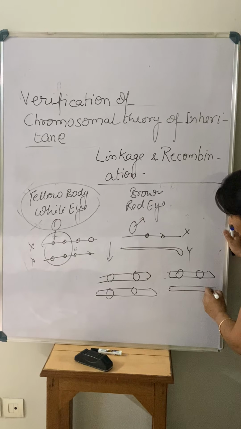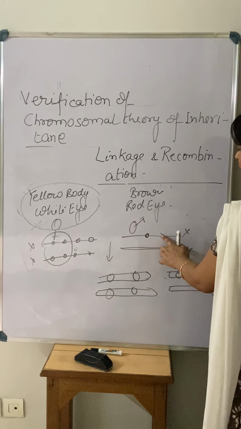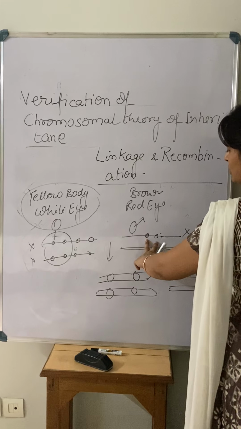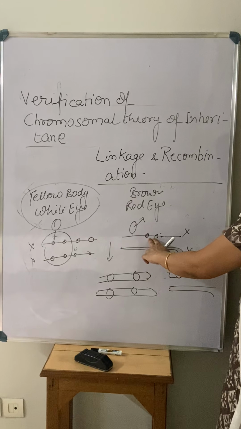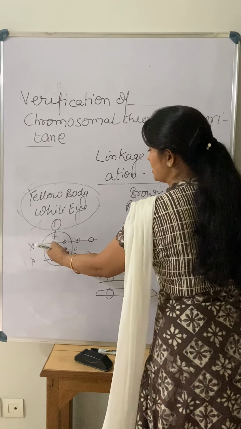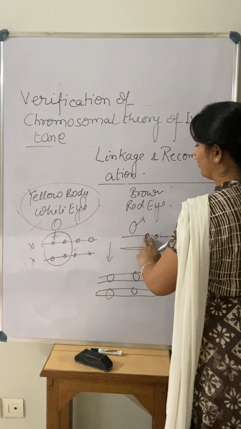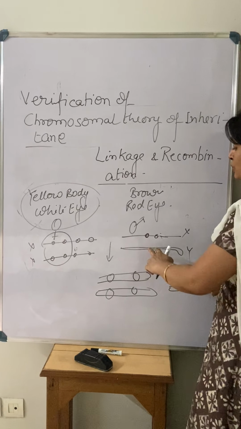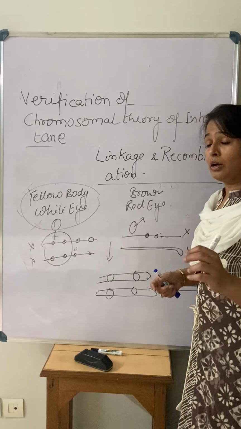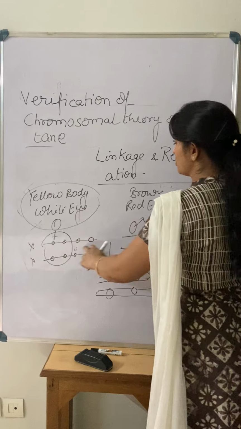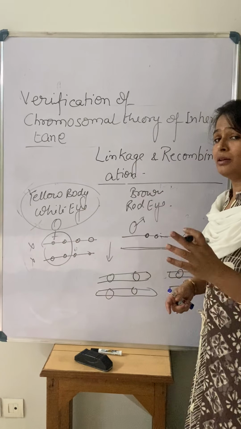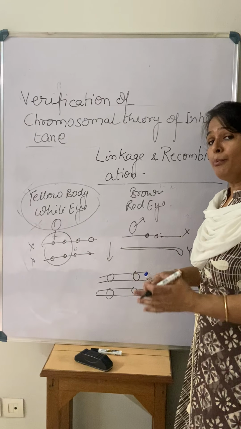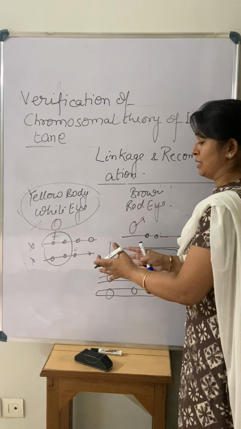But here, the genes related to this character are close to each other. So the bonding between these two genes is very close, the association between the genes is very close, and there is a possibility that the genes pass from parent to offspring as such, right?